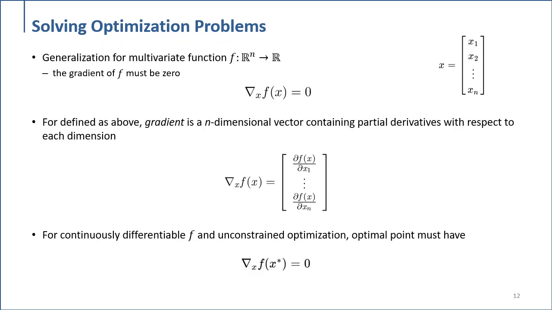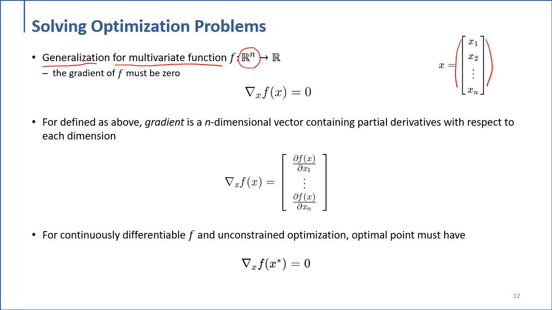Based on that, let's generalize this optimization problem to a multivariate function. Here, x is not limited to one dimension but is expanded to n dimensions, so x has x1, x2, x3, and so on up to xn.